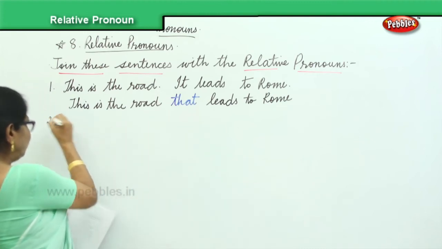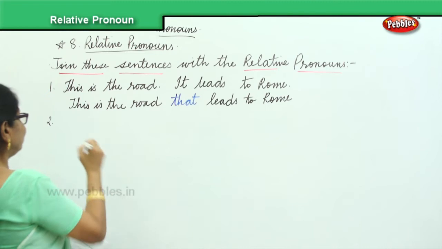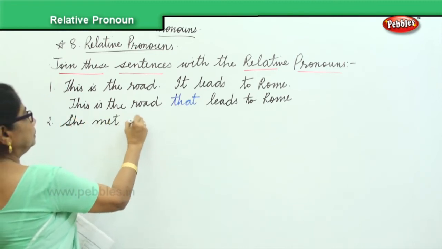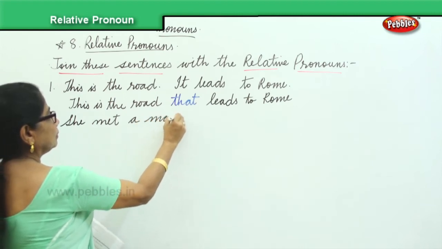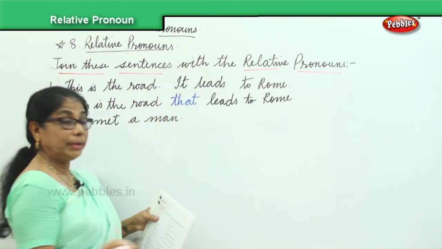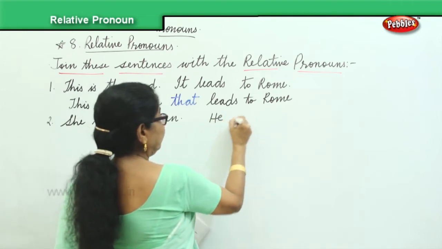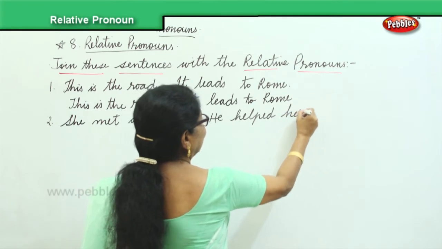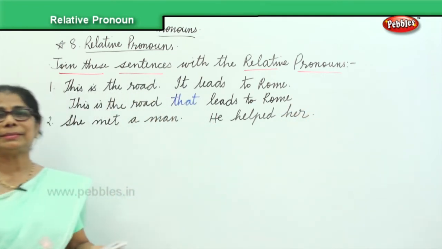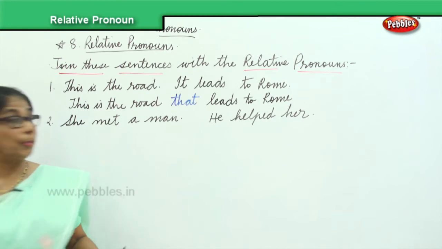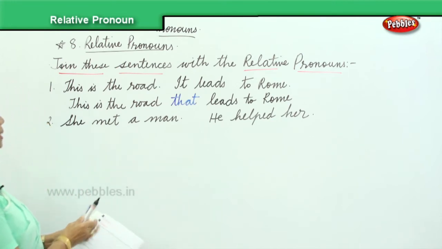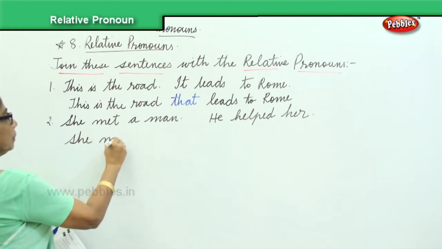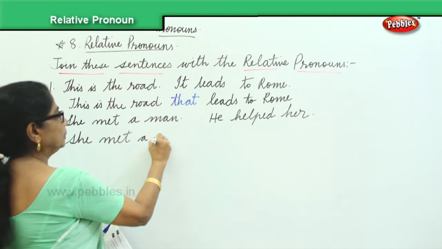Now second one, let's see how you do it. She met a man. Then, he helped her. Join the sentences, putting in the relative pronoun. First one is, she met a man.